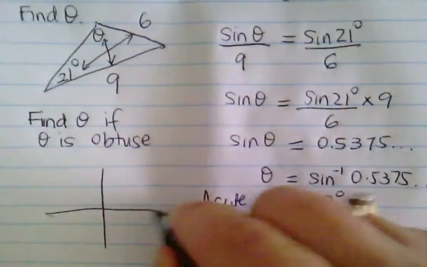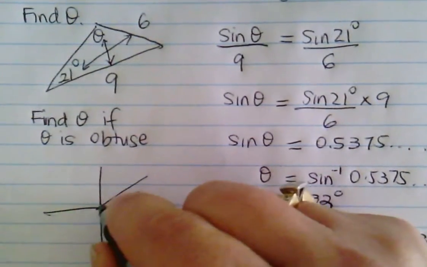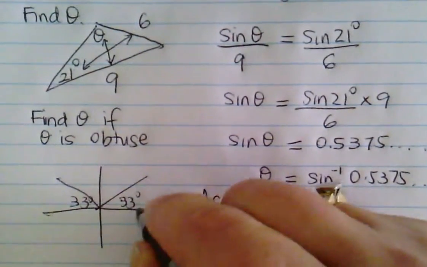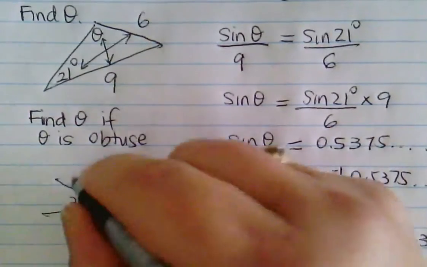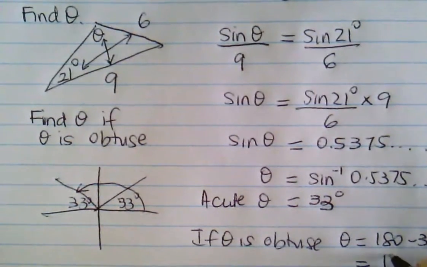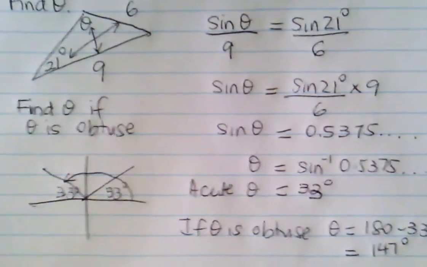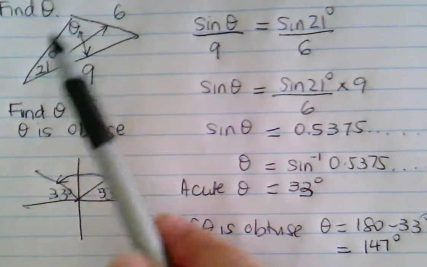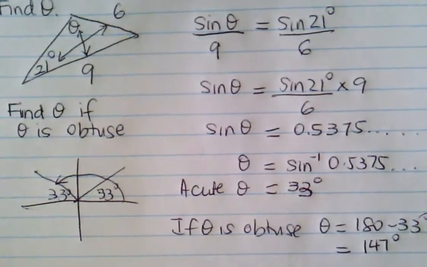Remember the little butterfly, look, 33. If you're in quadrant 2 and it's obtuse, the angle's going to be like that, all the way to there. So it'll be 180 minus 33, which is 147 degrees.